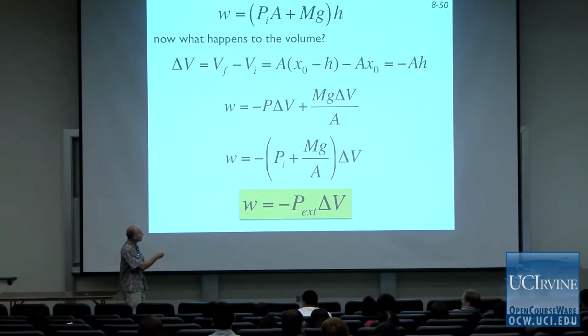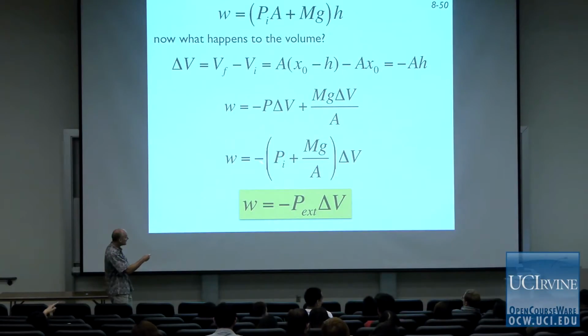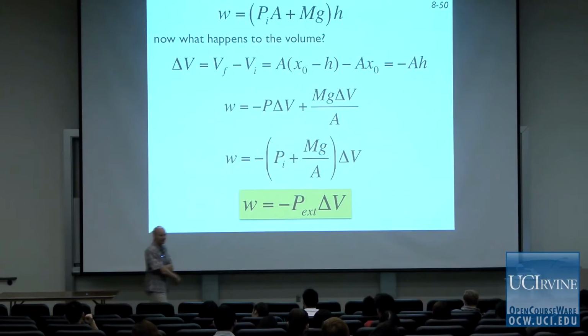That's the initial pressure, and that's the pressure imparted by the mass that we stuck on the piston, times delta V. And so work equals minus P external times delta V. Yes. We can use this equation to calculate the mechanical work. This is a derivation of it. I don't think this derivation is in your book. It turns out to be a helpful way to think about this process, as I'll show you in a second.